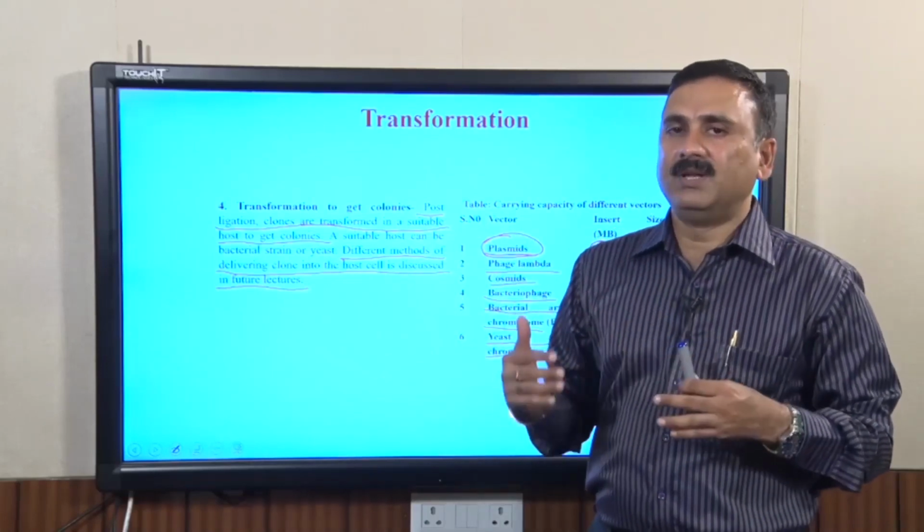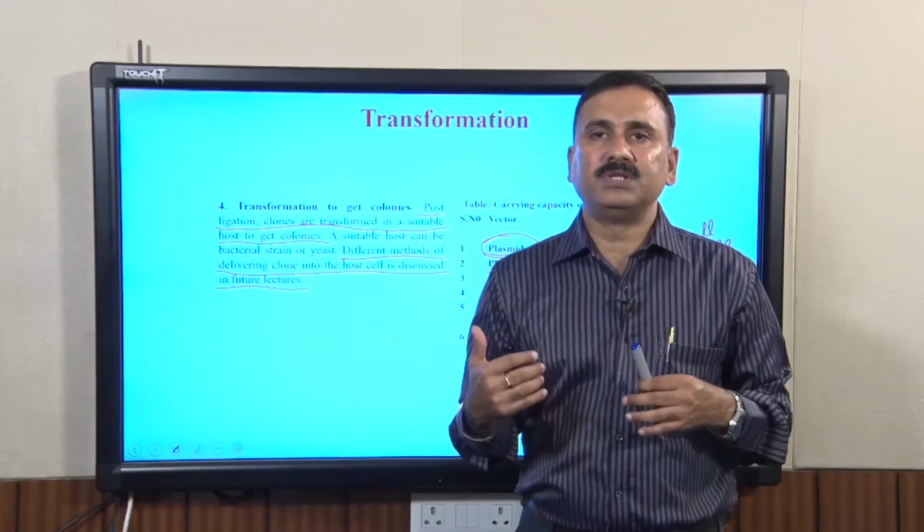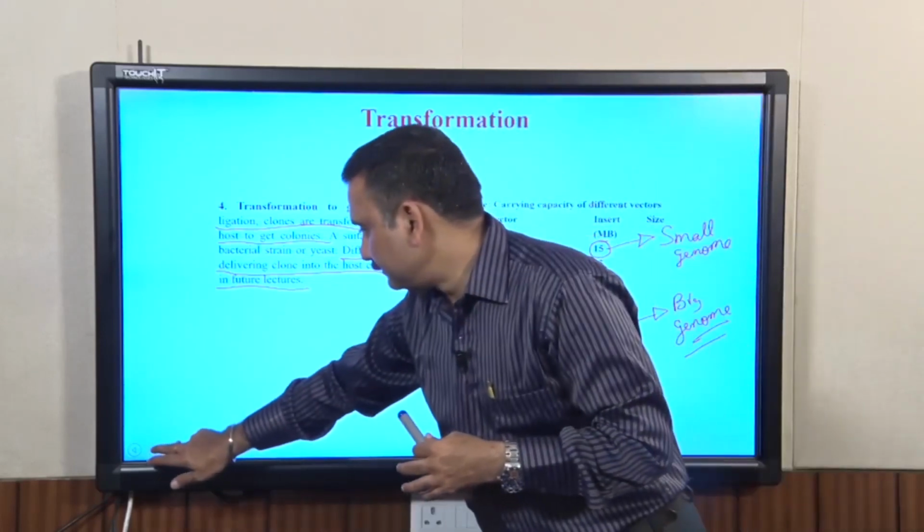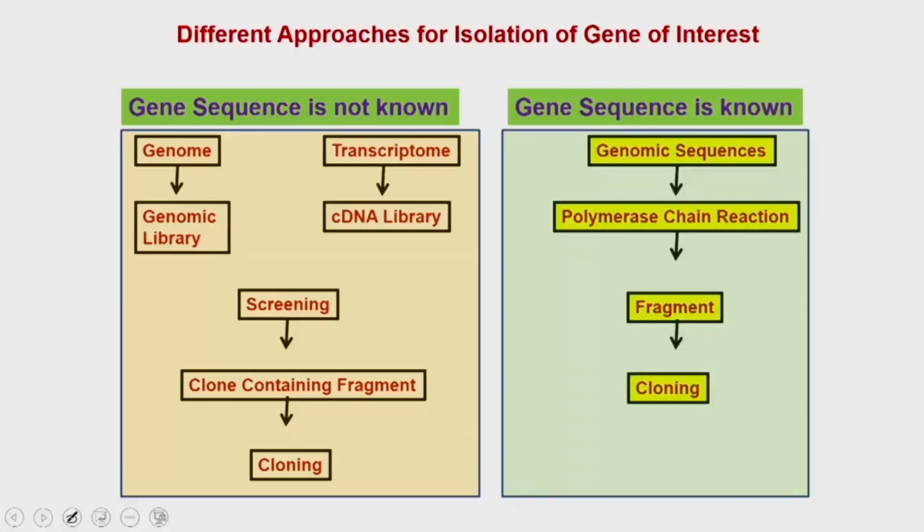Now, let us move on to the next approach, which is called cDNA library preparation. As I said, you can use a cDNA library only if you are working with the transcriptome of a particular cell, which means you want to see the change in the messenger RNA pool of that particular organism or cell type.